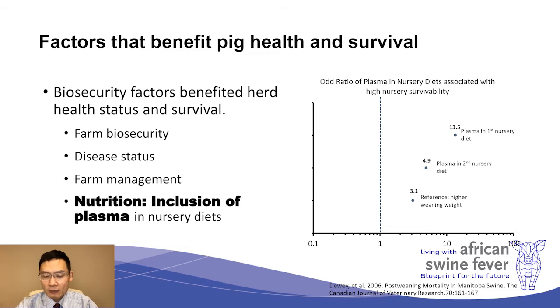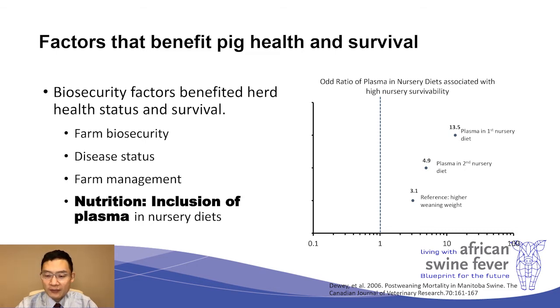On the right side of the graph, you can see the odds ratio of including plasma for increasing pig health and survivability, in the first diet and the second diet. The odds ratios are 13.5 and 4.9 respectively.